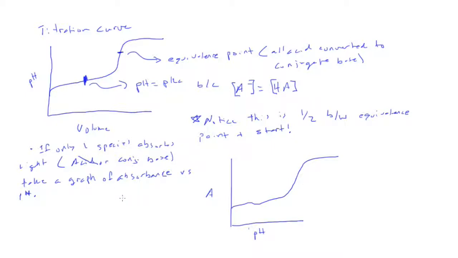The reason it should be half is because that's the point where the conjugate base, A minus, would equal the amount of acid in solution. So right here, and because of what we described above, this is the point where pH is equal to pKa. That's how you can go about solving these types of problems, by noticing these different points on your different graphs. That's why, for instance, it is half of the amount.